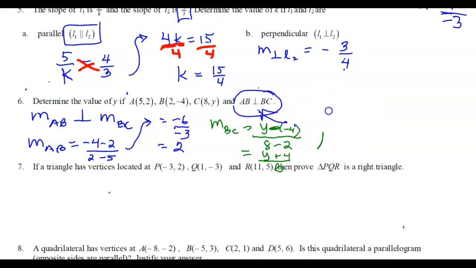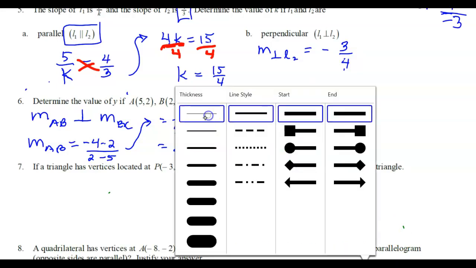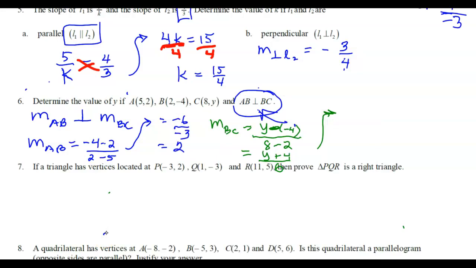Okay, so now the slope of AB is perpendicular to the slope of BC. So just like the last one, I'm going to take the one that has just numbers, the 2, and take the negative reciprocal of it.